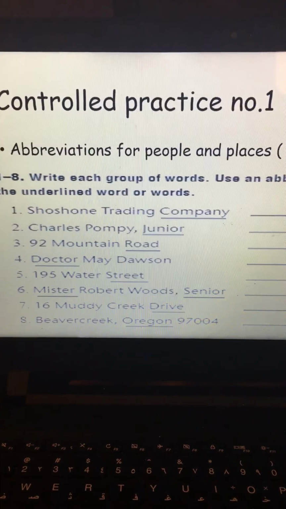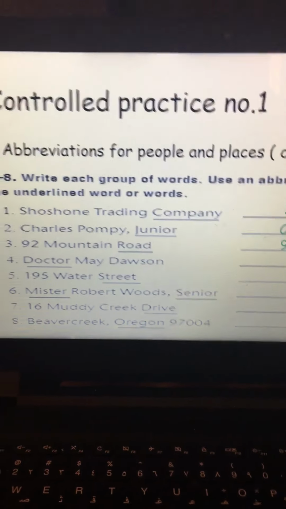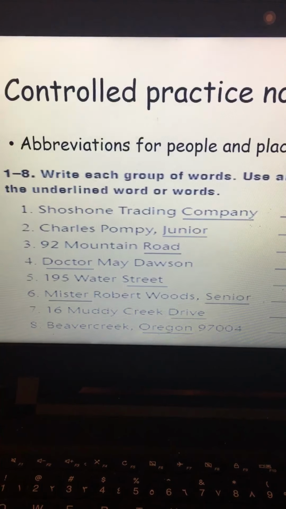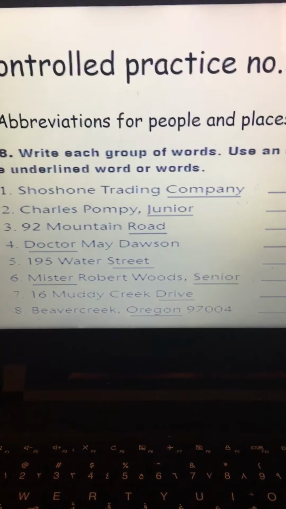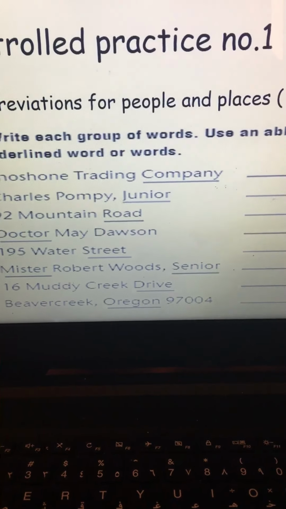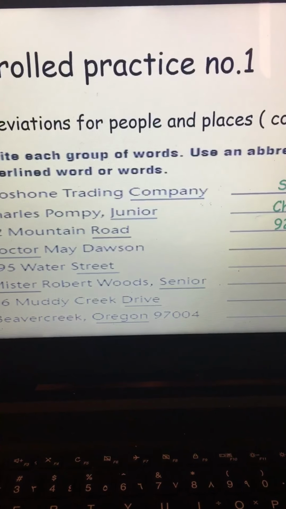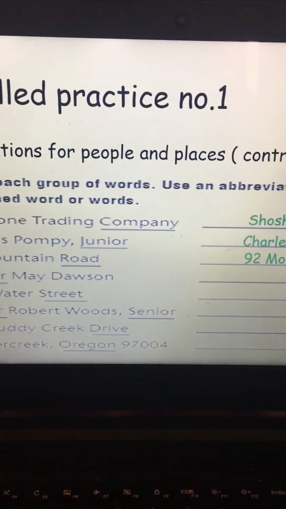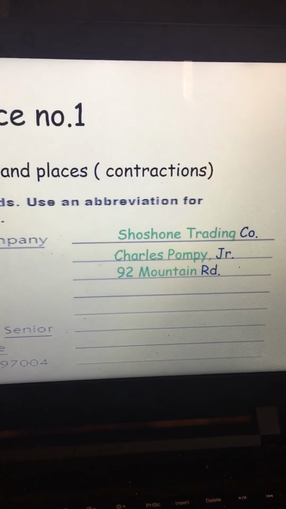To make things clearer, I added here an exercise. As you can see, you are asked to use abbreviations for the underlined words. I did the first 3.